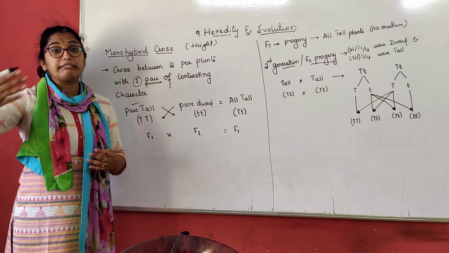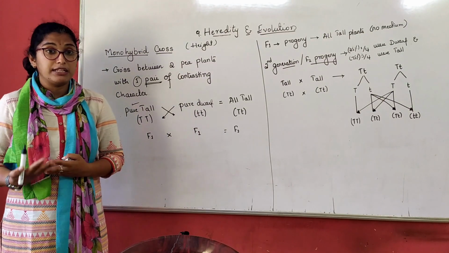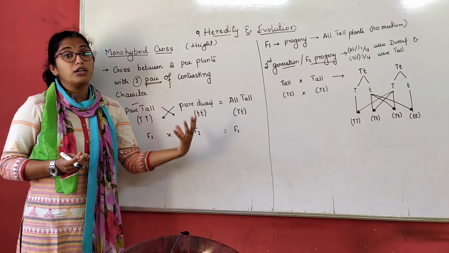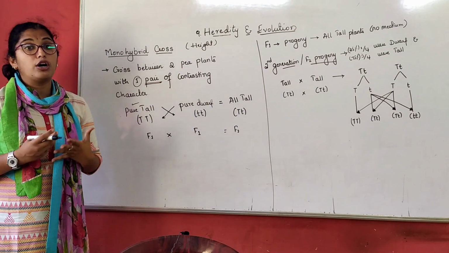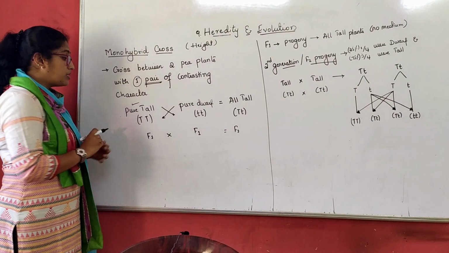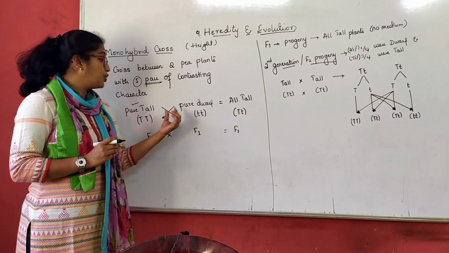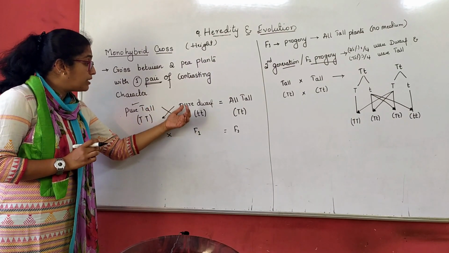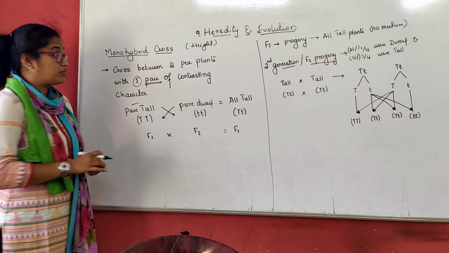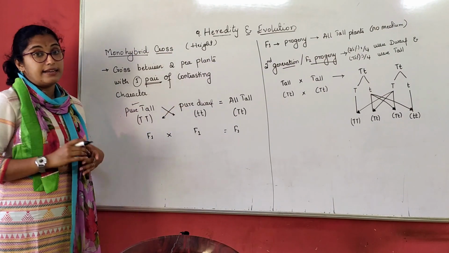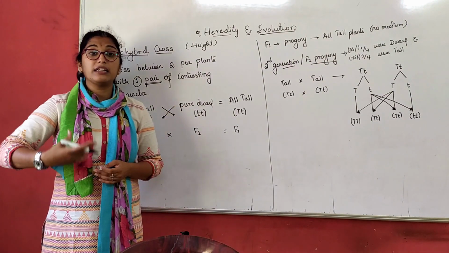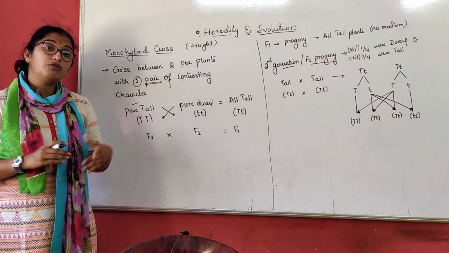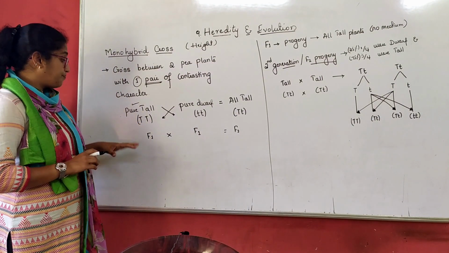That is by conducting several experiments on them. He came to a conclusion that these are pure tall and these are pure dwarf plants. He chose pure tall and pure dwarf and cross-pollinated them, or we can say he did the hybridization process. You will understand the process of pollination in your chapter, How do Organisms Reproduce.